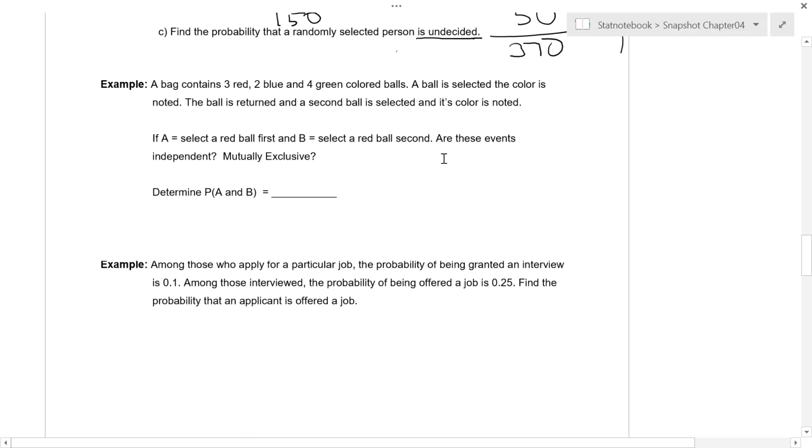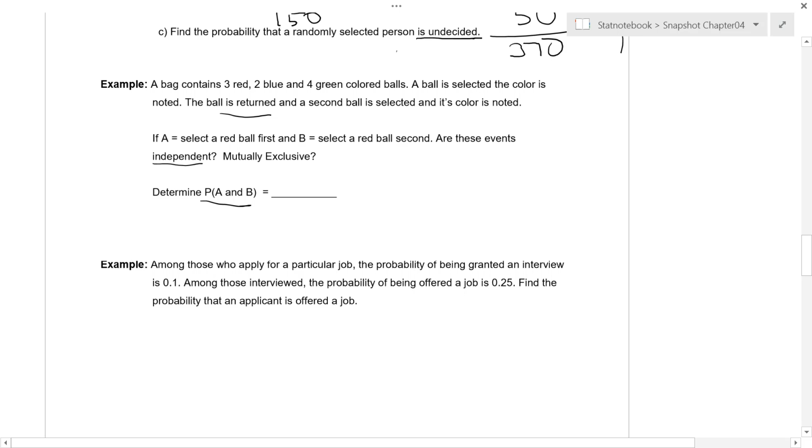A bag contains 3 red, 2 blue, 4 green. A ball is selected, color is noted. The ball is returned. A second ball is selected, and its color is noted. I want the probability that we select a red ball first and a red ball second.